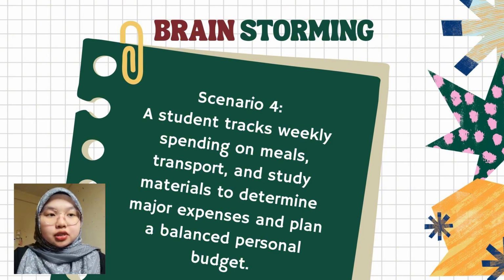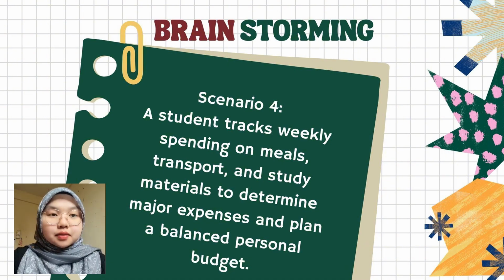In this scenario, a student tracked their weekly spending on meals, transport, and study materials in order to identify the expenses and create a balanced personal budget. This is an important financial habit, especially for a student who usually has limited income and many commitments. By recording the daily expenses, the student becomes more aware of where their money is going.